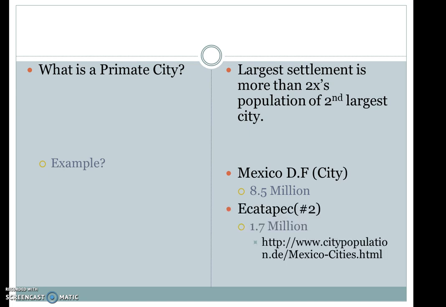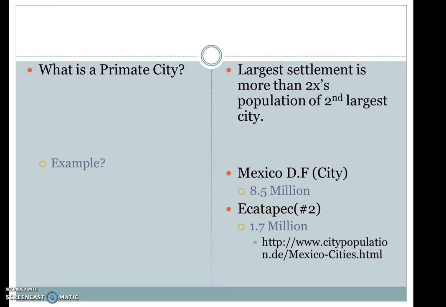The second largest city is Ecatepec, which is 1.7 million people. The difference there is grotesquely different. You can't just take 1.7 and double it. That gives you 3.4, which is still not even half of the 8 million people from Mexico City.